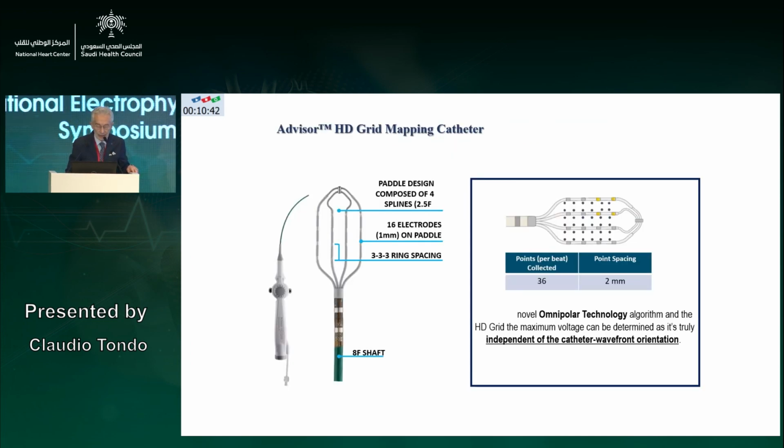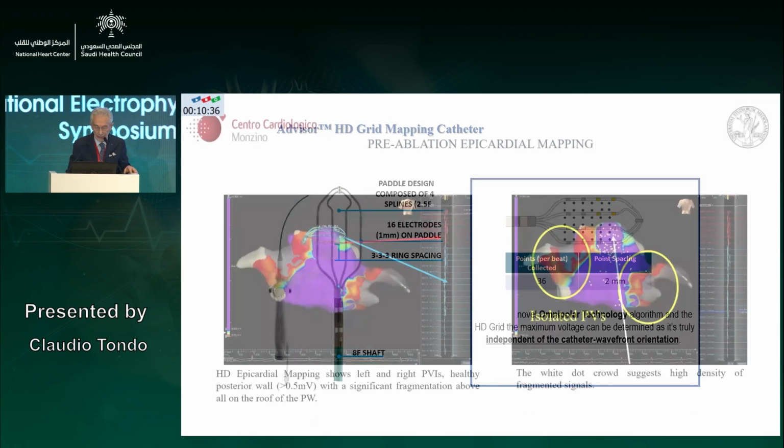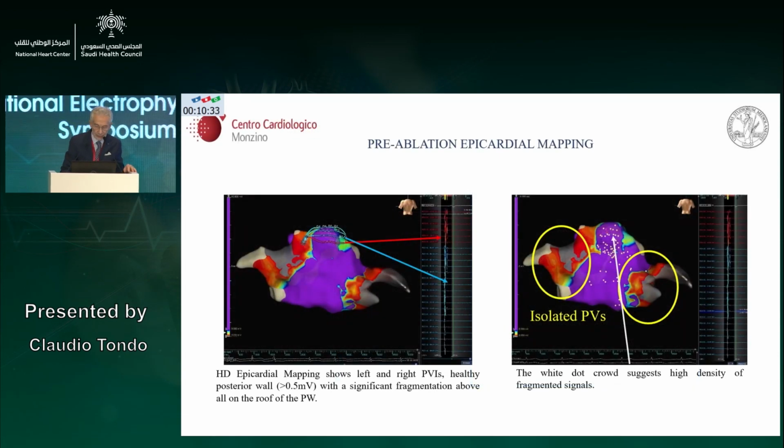We use the HD grid mapping catheter because it is capable of collecting a very high number of points. Here we have an example of a pre-ablation epicardial mapping, because the surgeon can introduce the mapping catheter at the epicardial site.